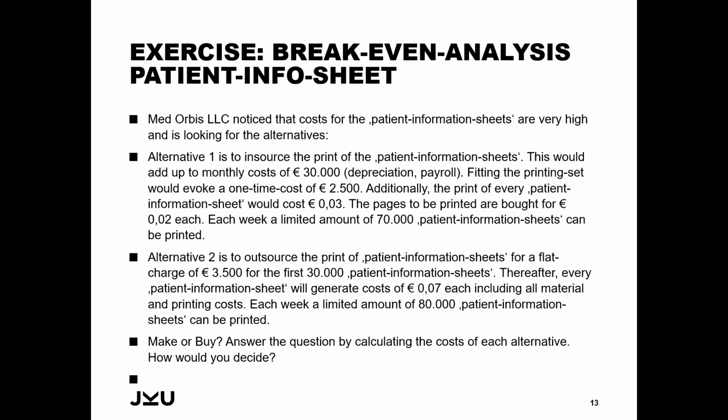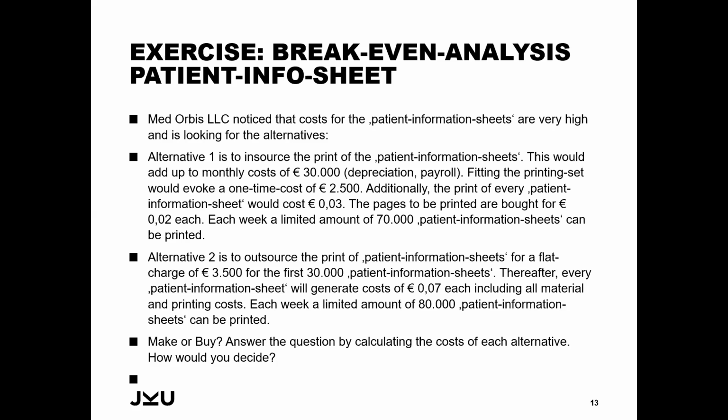But if we outsource it, then the cost function has changed, because it's not only 3,500 euros anymore, but plus 7 cents times X, depending on how many more we print. That would be a new cost function. So actually, we could make another break-even point where we can calculate which alternative is cheaper yet. And on the next slides, we are going to evaluate that based on our calculation.